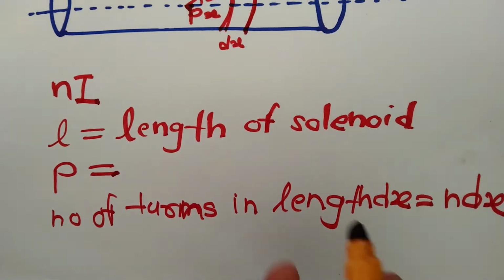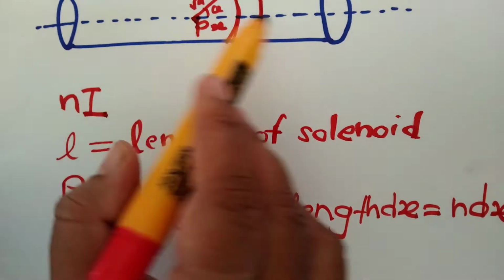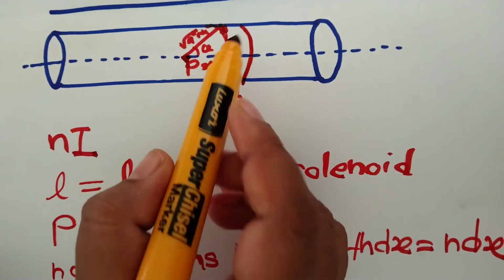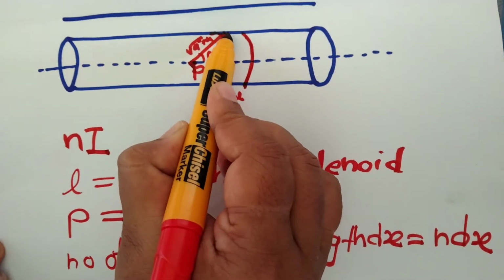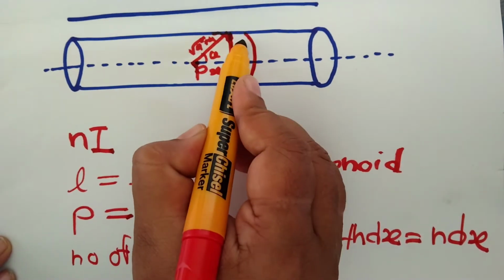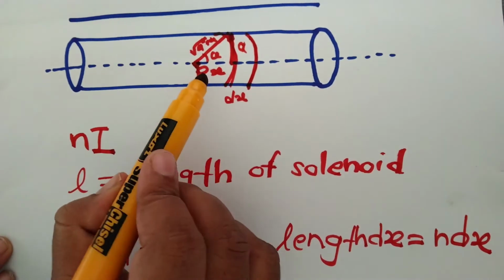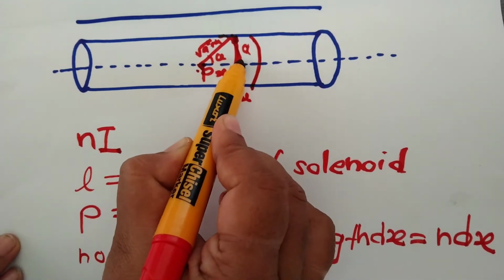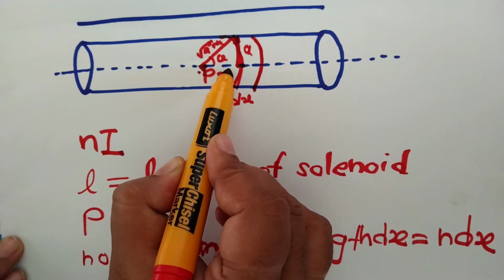The solenoid is made up of circular wire, and its radius is a. The distance from point P to this thickness element is x.